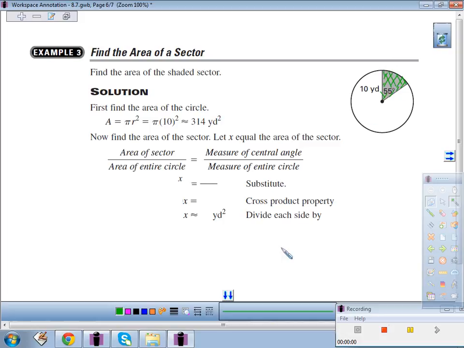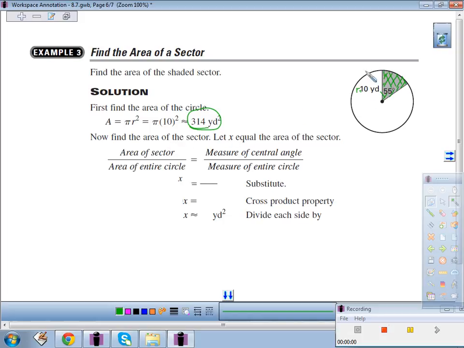And so here we know that the whole area of this circle is going to include a radius of 10 in the formula, so pi times 10 squared. When you end up rounding, you get 314 square yards. Now we want to find the area of the sector.